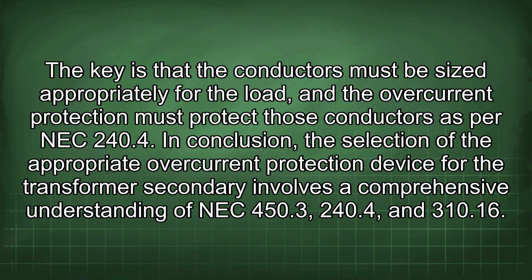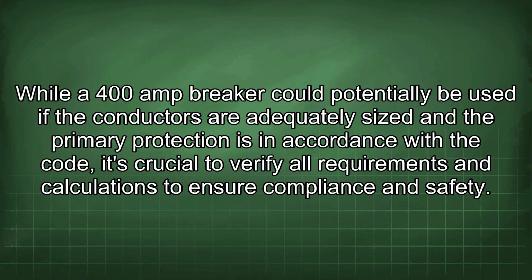In conclusion, the selection of the appropriate overcurrent protection device for the transformer secondary involves a comprehensive understanding of NEC 450.3, 240.4, and 310.16. While a 400 amp breaker could potentially be used if the conductors are adequately sized and the primary protection is in accordance with the code, it's crucial to verify all requirements and calculations to ensure compliance and safety.